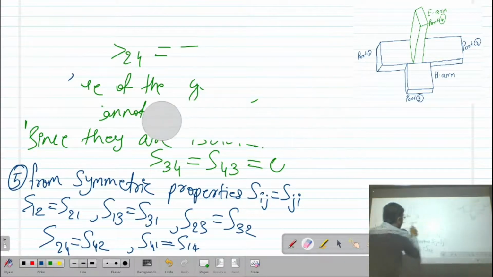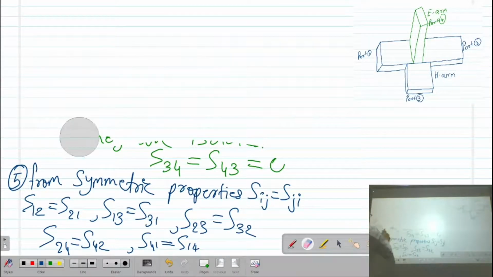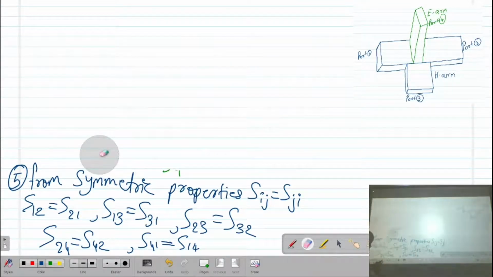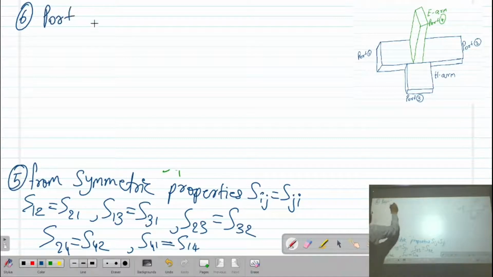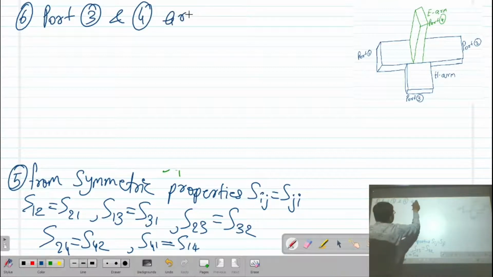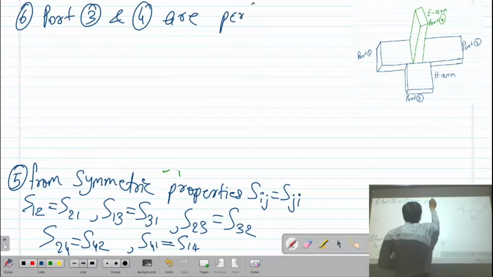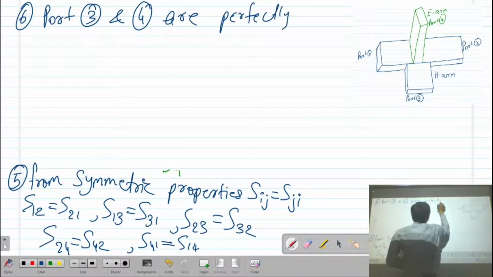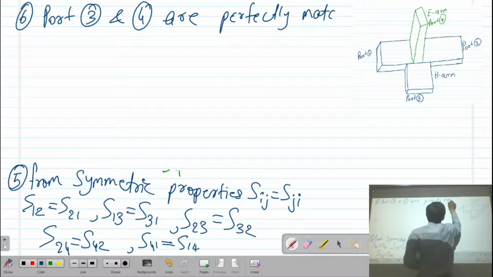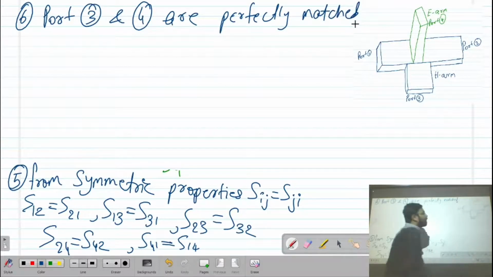to another property of this E-plane T, that is number 6: port number 3 and 4 are perfectly matched.